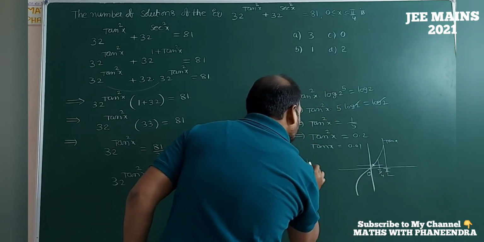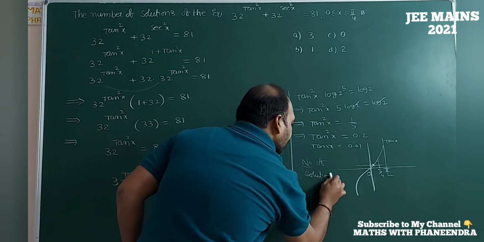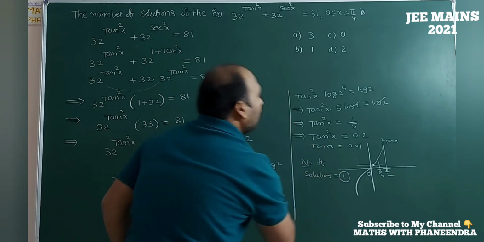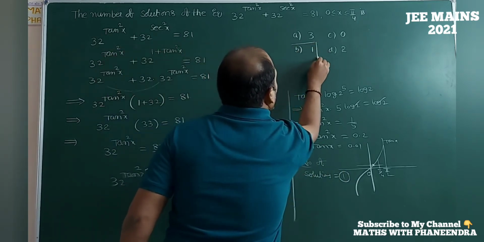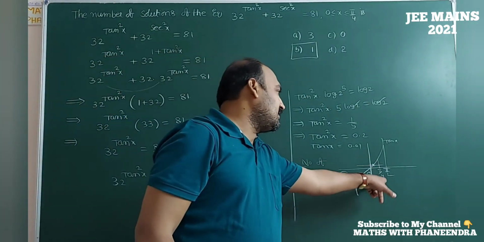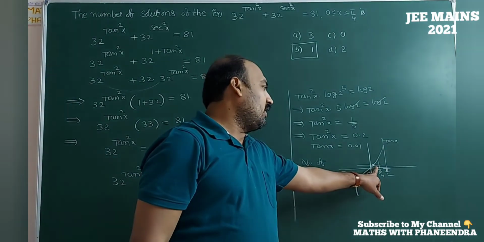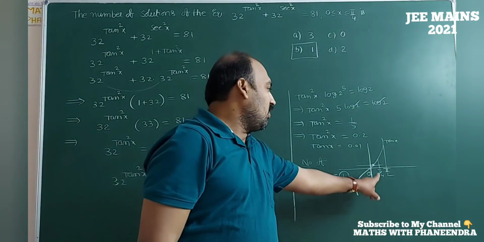Number of solutions equal to 1. So which is there in the second option, dear students. This is the way. At last we will get it as 0.01, meaning one value of x, only one in between 0 to pi by 4. One value of x it will come.